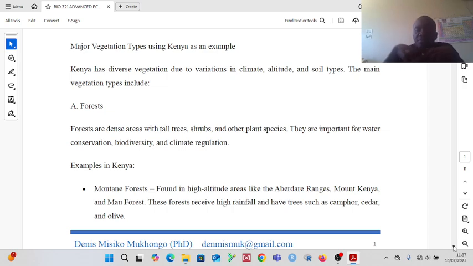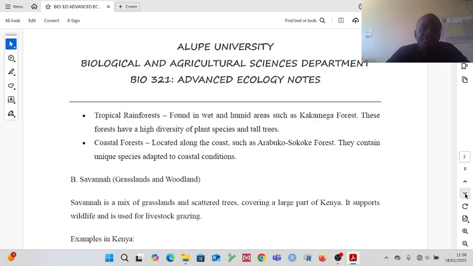So by virtue of their location in high altitude areas, these montane forests mostly receive high rainfall. And the type of trees that you find in these montane forests are of the camphor, the cedar, and the olive. Okay.